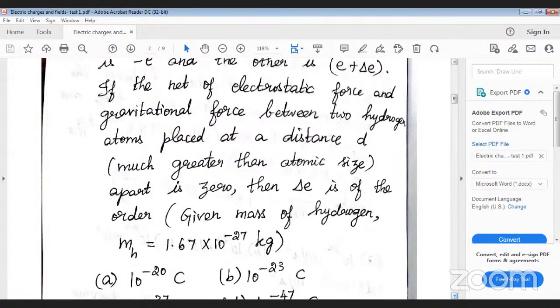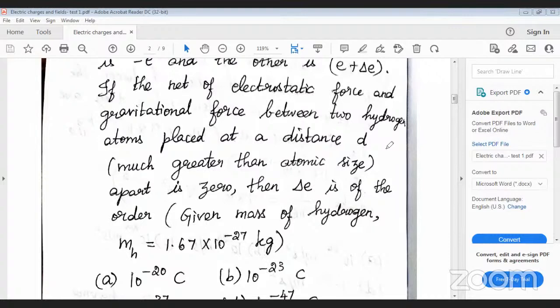What they are telling is, actually they have two hydrogen atoms, and the two hydrogen atoms have been placed at a distance d. You have two hydrogen atoms placed at a particular distance d. So now these two hydrogen atoms have the electrostatic force between them. In addition to that, they have the gravitational force between them also.